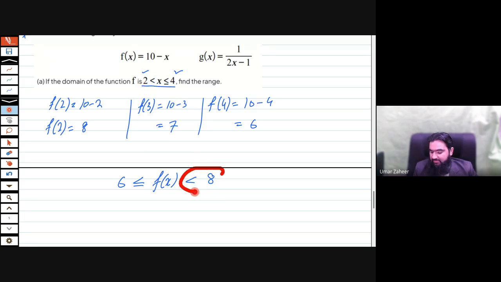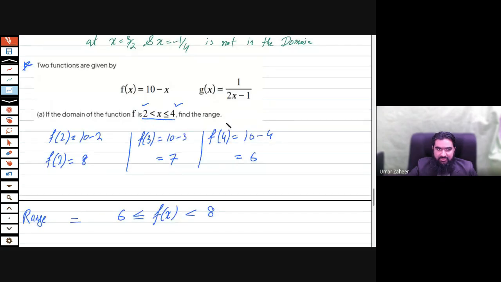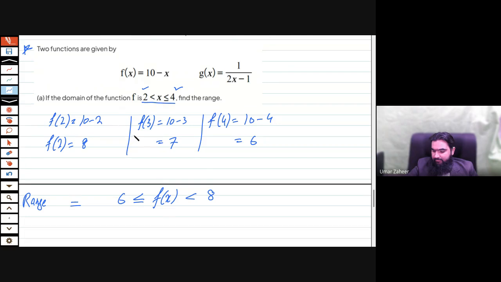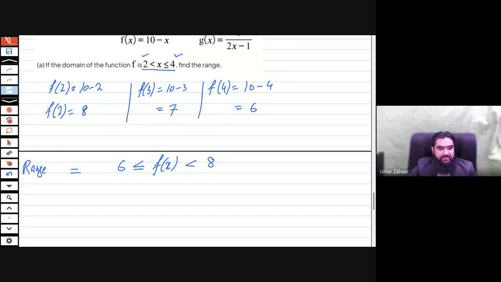So that's why I will take less than 8. This is the range of the function. Obviously, I will give you the worksheet, so you will practice the questions and get a better idea of how to find the range and the domain. Any question, everyone?